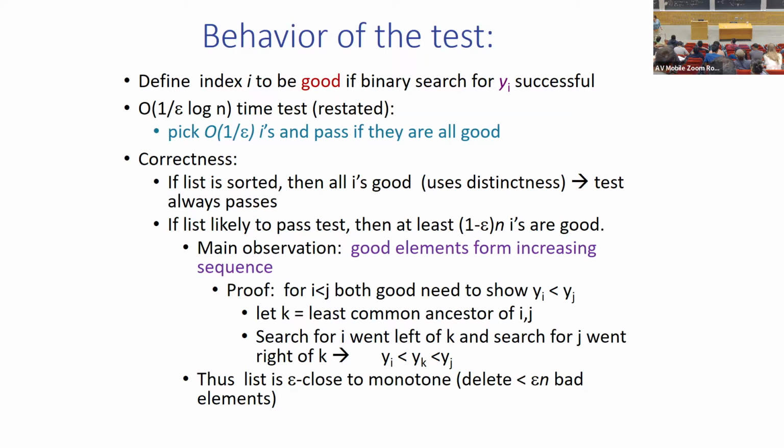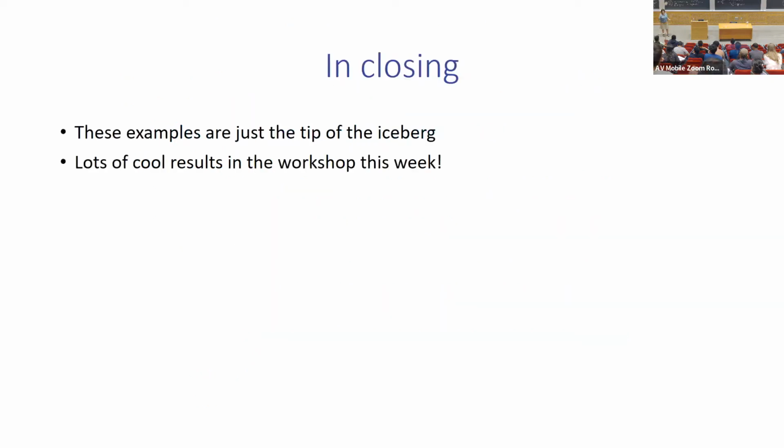Before you actually look at the list, you know exactly where you need to look and what places need to be consistent. It's true though that binary search is thought of as adaptive. It's just that I know where it's supposed to go. So this particular thing can be made non-adaptive.